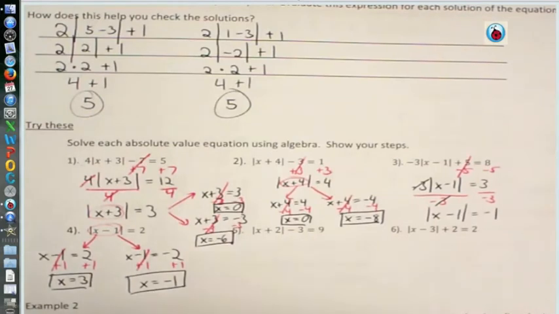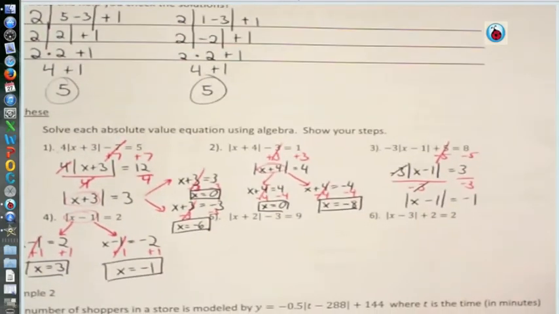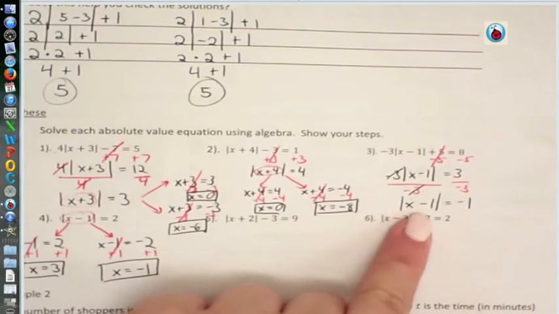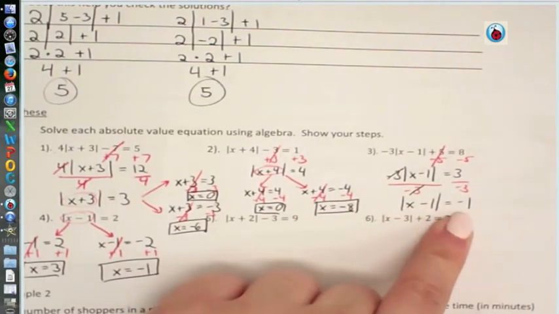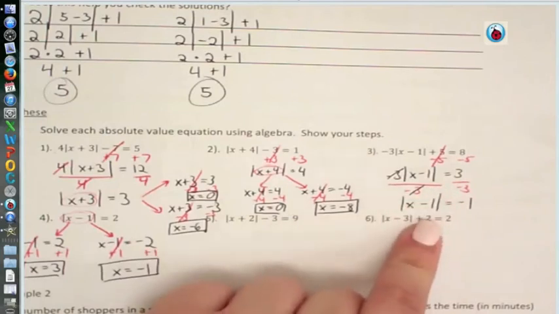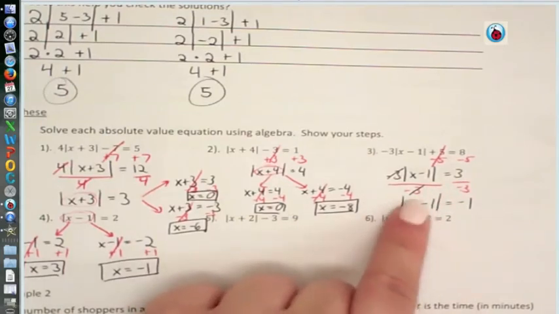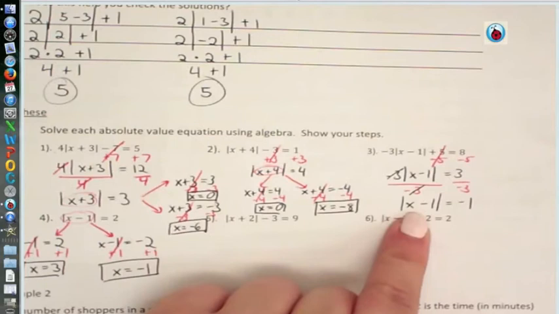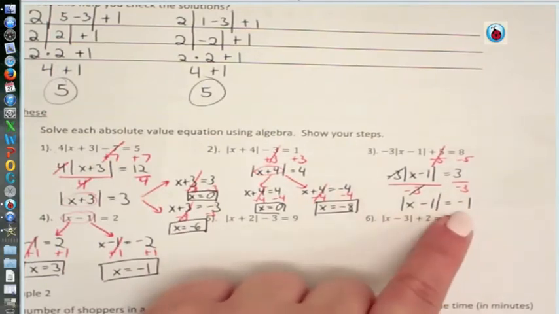I'm going to pause here. Look at this. Absolute value of x minus 1 equals negative 1. Remember, absolute value always gives us a positive number. This is saying the absolute value of this expression is negative 1. That's not possible.